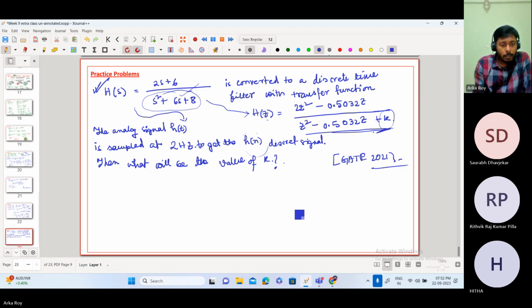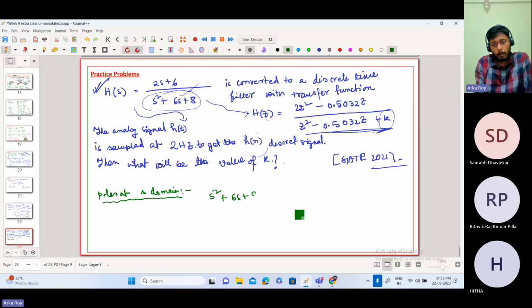So poles in S domain: s squared plus 6s plus 8 equals 0.